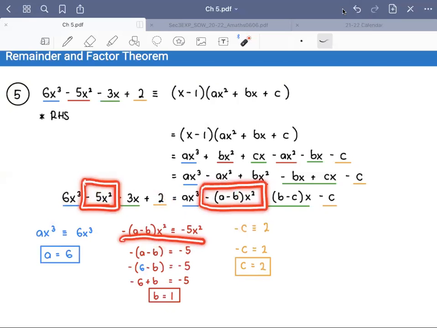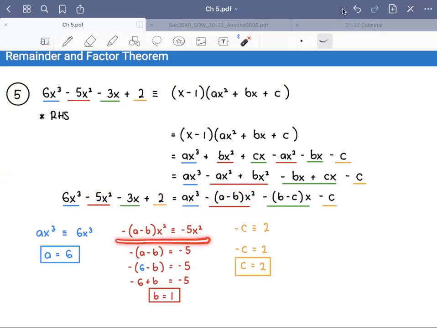So negative a minus b x squared is similar to negative 5x squared. And then remove the x squared terms. So you're left with negative a minus b equals negative 5. Since a is 6, you just insert 6 there. And then removing the bracket, you'll get negative 6 plus b equals negative 5. So therefore, b is equal to 1.